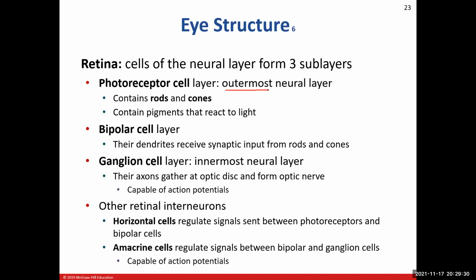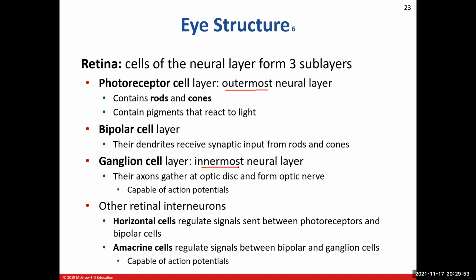It's a bipolar cell. You recall, a bipolar cell has 2 processes coming off in opposite directions. The cell body's in the middle. You have an axon going one way and the dendrite going another way. So that's the bipolar layer. That's the middle layer. And then our innermost layer is the ganglion cell layer.